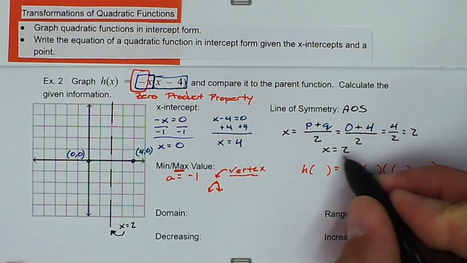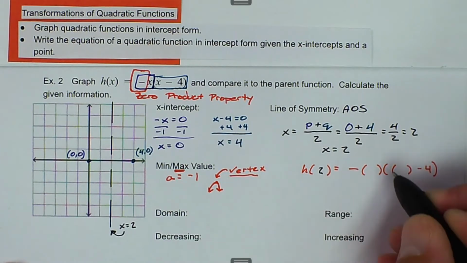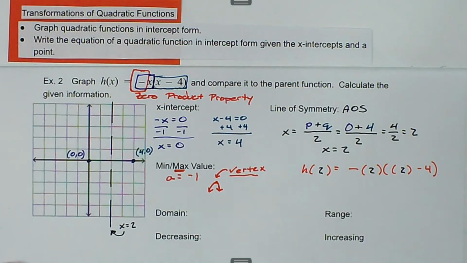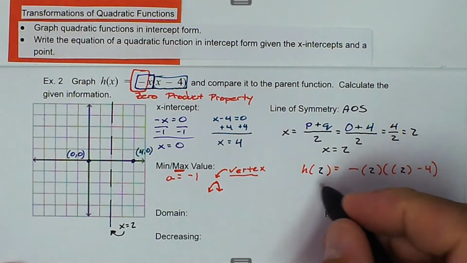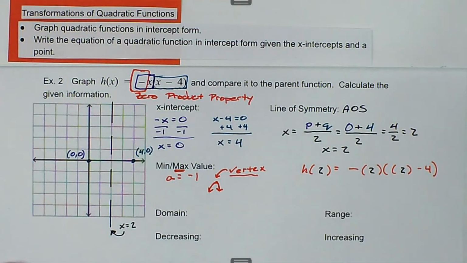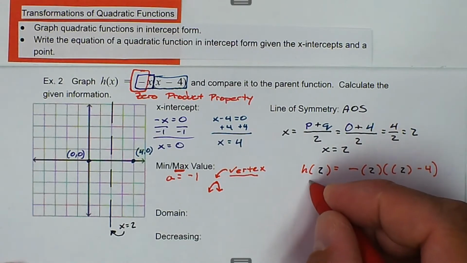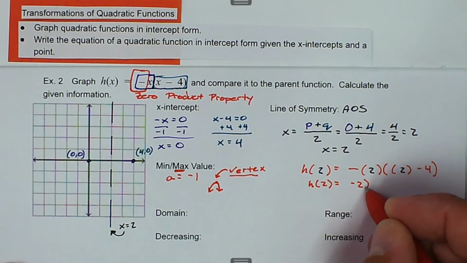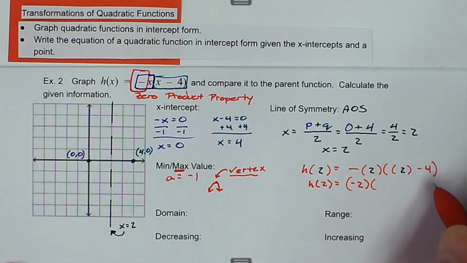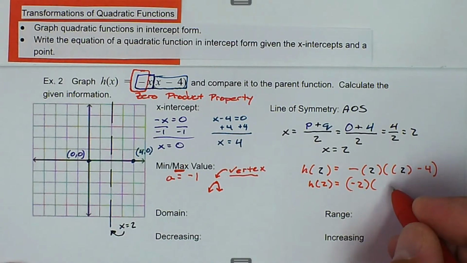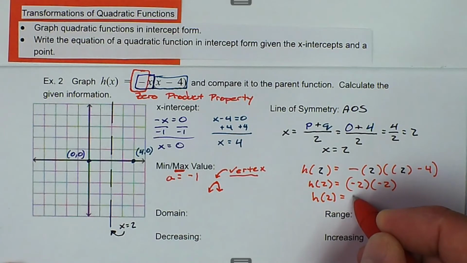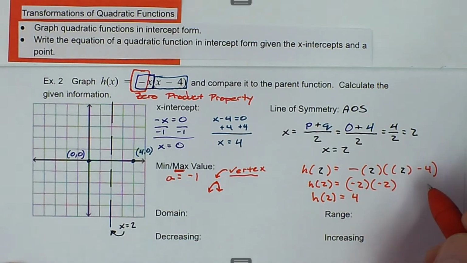And then we can substitute in 2 for all the x's. So we get the function h evaluated at 2 is equal to negative 2, and then 2 minus 4 is negative 2. So the function h evaluated at 2 is equal to 4.